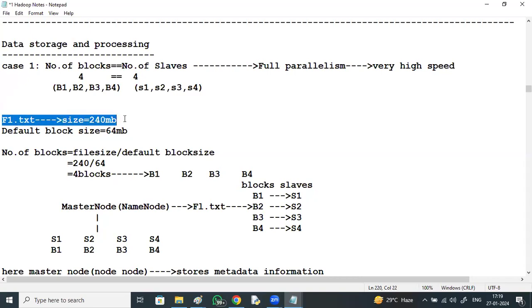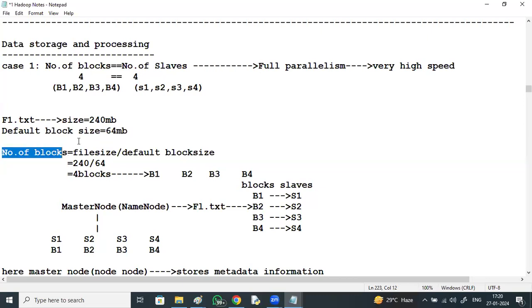F1.txt, size 240 MB. Default block size, assume 64 MB.